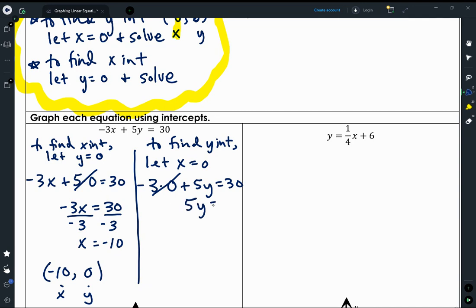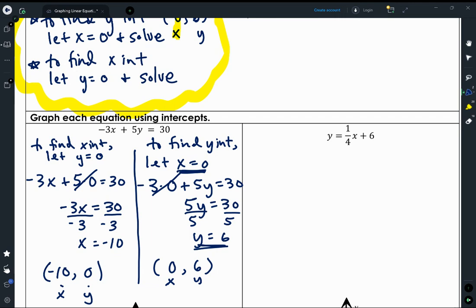So 5y equals 30. Divide both sides by 5, and so y is equal to 6, and my y-intercept would be 0, comma 6. I let x equal 0, I solved and got y equals 6. Ordered pairs are x comma y, so make sure that you go back and write it as an ordered pair.